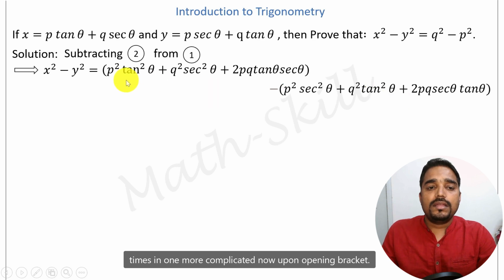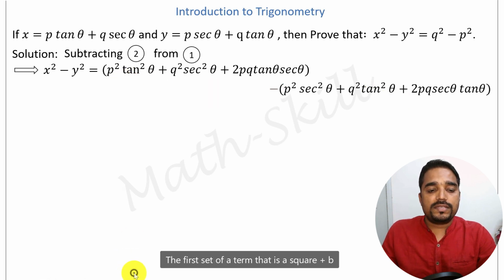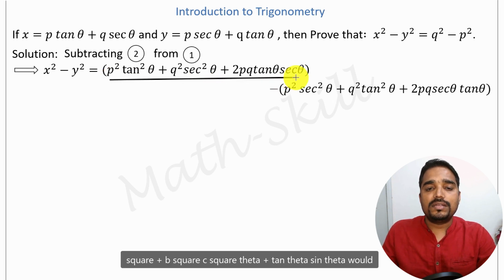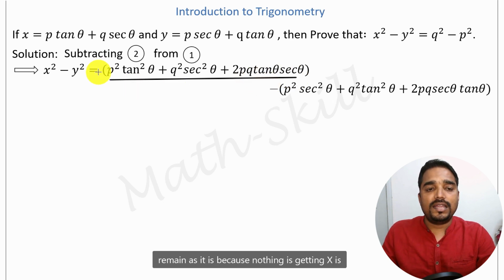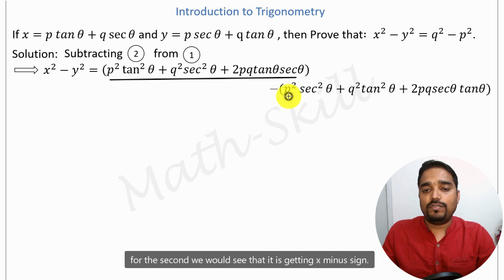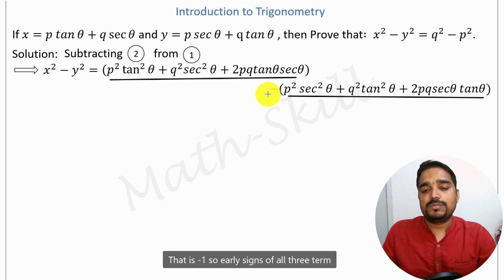Now upon opening brackets, the first set of terms, that is p square tan square theta plus q square secant square theta plus 2pq tan theta secant theta, would remain as it is because nothing is getting multiplied, whereas the second set of terms is getting multiplied by a minus sign, that is minus 1.